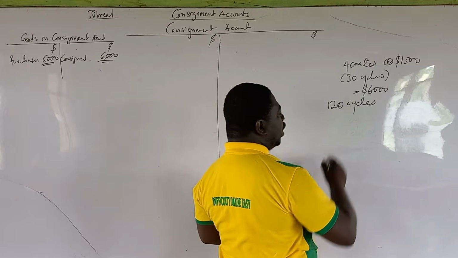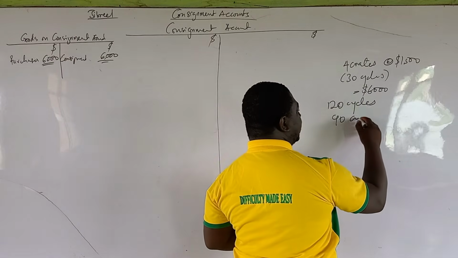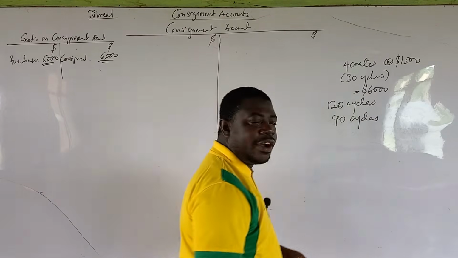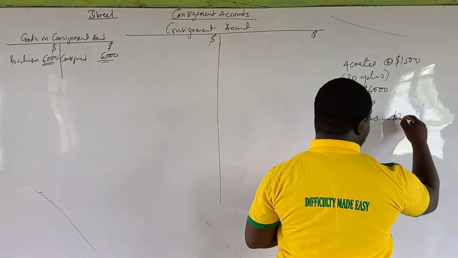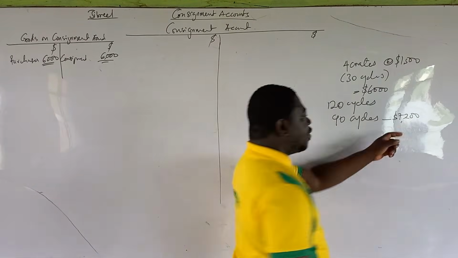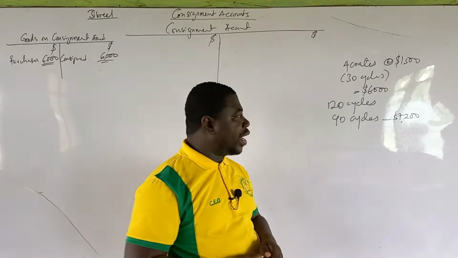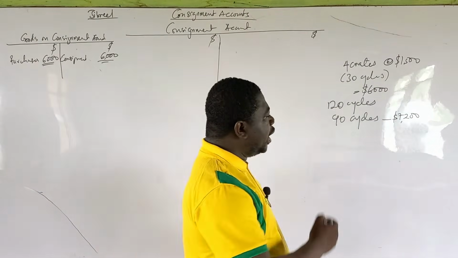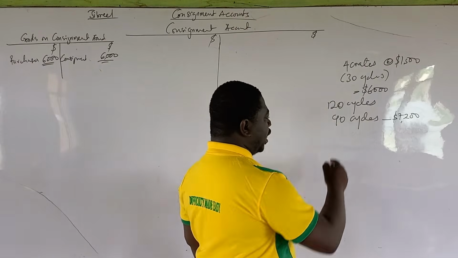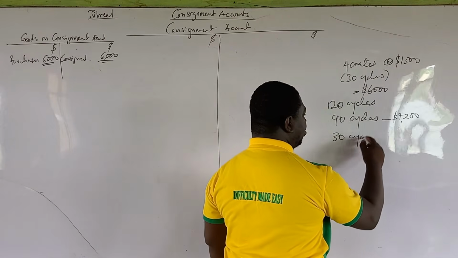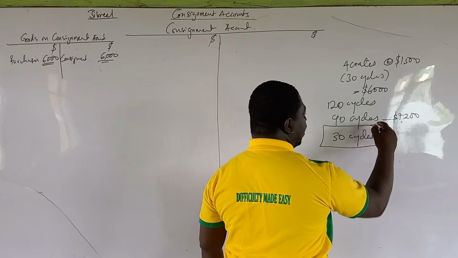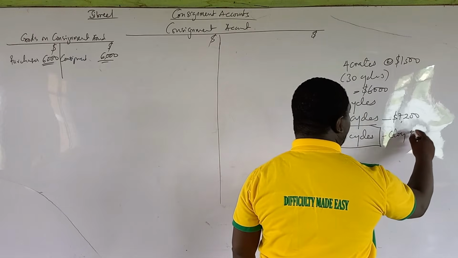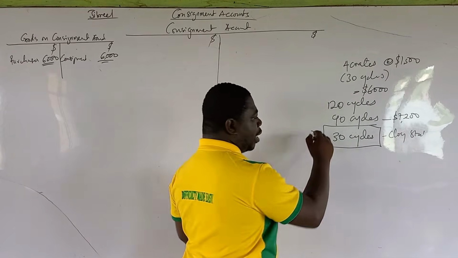So if we are told Nafisa had sold 90 of the cycles for $7,200, what it means is that this $7,200 is not the unit selling price, but the total sales from the 90 cycles. But then it gives us an idea of the fact that 30 of the cycles remain in store, and that is the closing stock or the closing inventory, which I'm going to come to later.